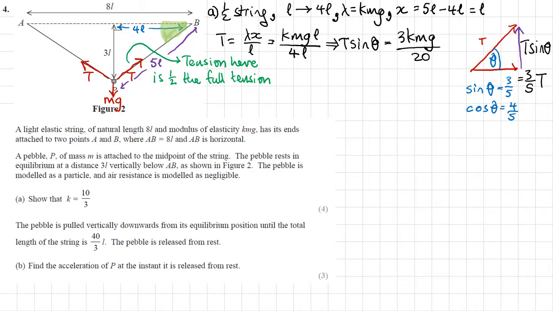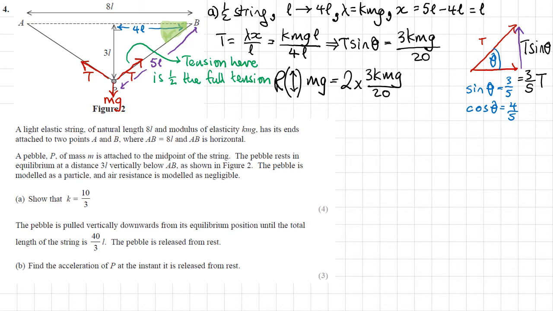Now we're going to resolve the forces vertically. They're going to be balanced because it's hanging in equilibrium. So what we've got going down is mg, and that's equal to now 2 lots of these tensions. We're now looking at the full string, so that's basically going to be 2 times 3kmg over 20.